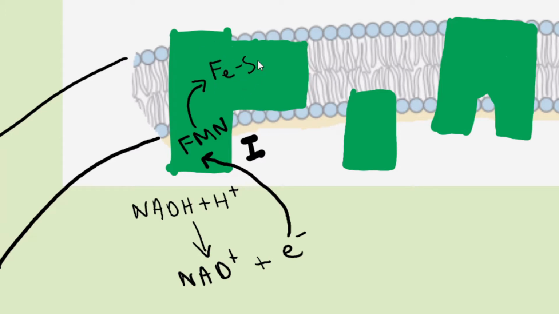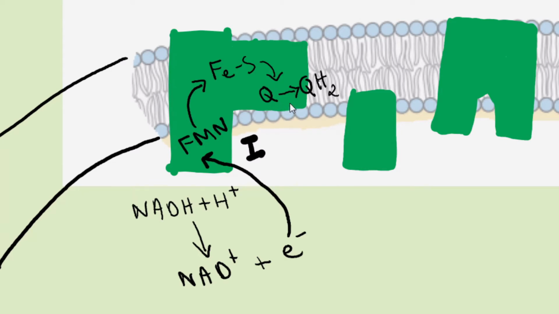The electrons will then move to coenzyme Q or ubiquinone, and the electrons will reduce coenzyme Q into quinol or QH2, which is a mobile electron carrier that is present within the bilipid layer of the inner membrane.